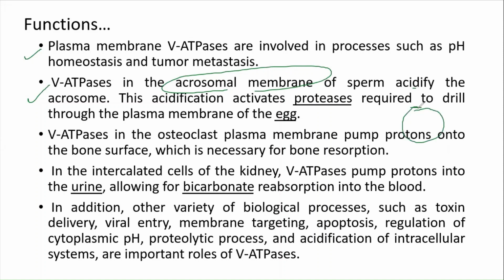It has a kind of protection, because it is already in the harsh condition in the uterus, right? So what is happening over there? The sperm is coming, something like this. This portion has got this V ATPases class. So this is going to help in making the pore into the wall of the egg so that the DNA can be pushed inside.